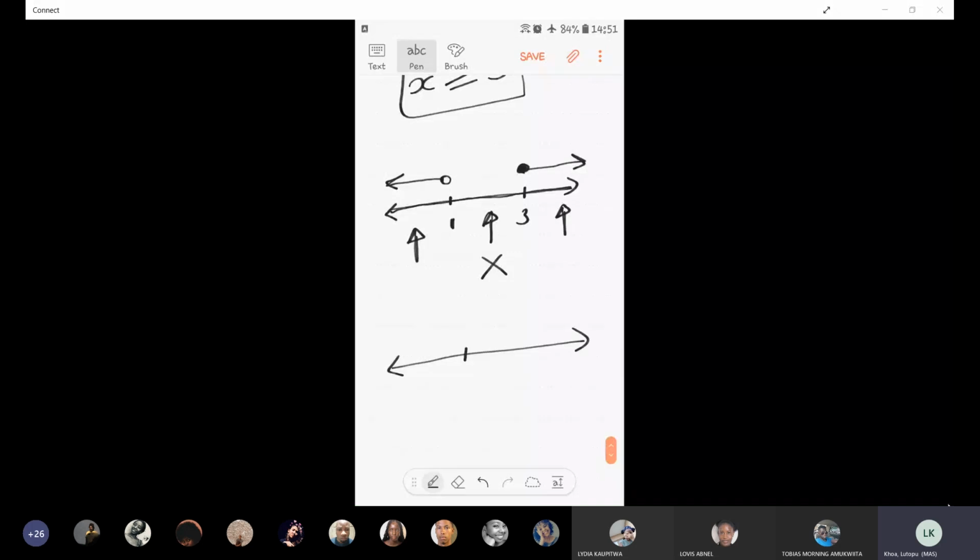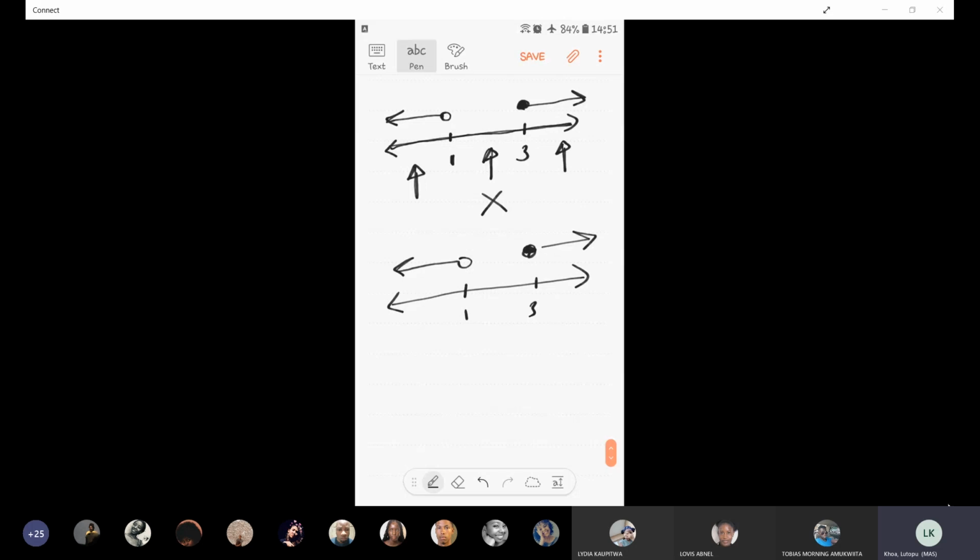So I have 1, and then I have 3, circle unshaded, going that way, circle shaded at 3, going this way. And then in interval notation, what we do is we'll use the union. Remember what a union of sets means. You combine all the elements, put them into one big set.